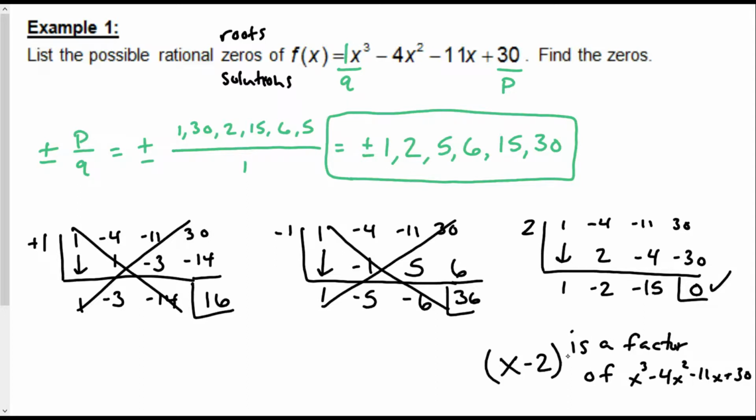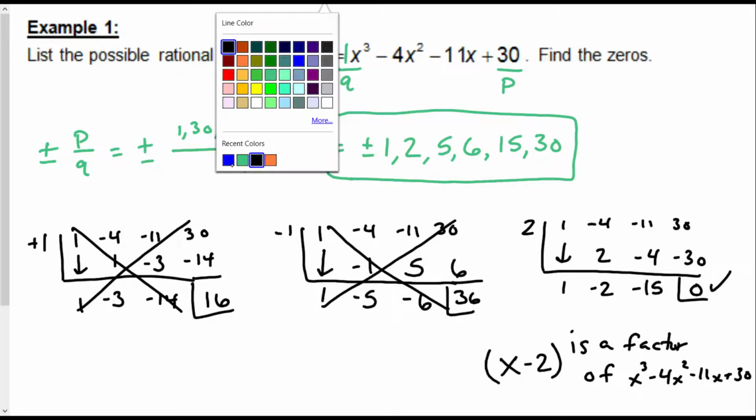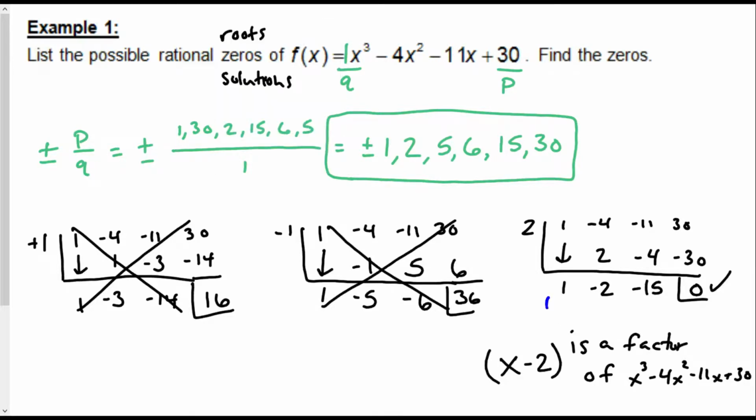So we found one of the factors. And if this is one of the factors, isn't this other part also a factor? And what is that part? Isn't that 1x squared minus 2x minus 15? Is that a factorable or otherwise solvable quadratic that you could use to find all the other zeros?